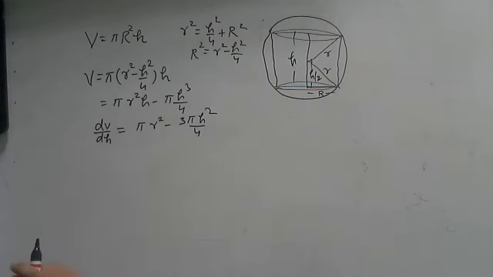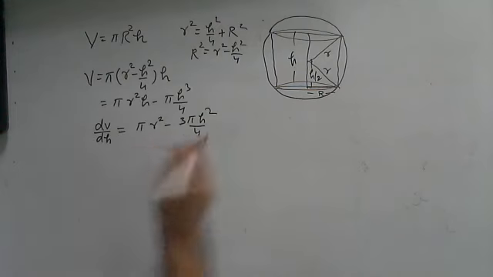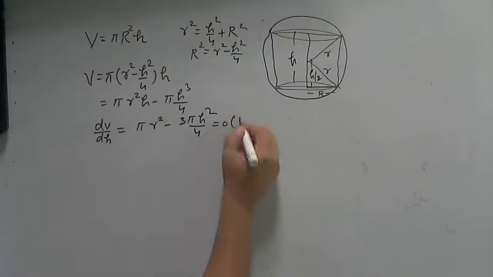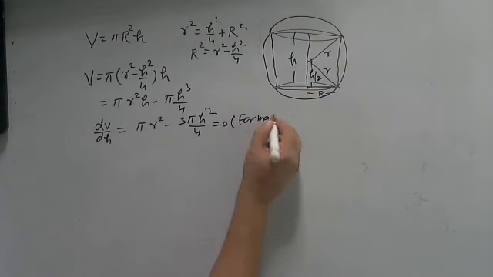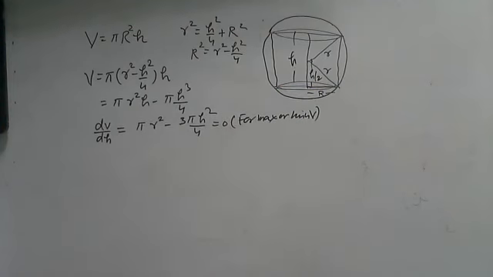For maximum or minimum V, we need to equate dV by dh equal to 0.